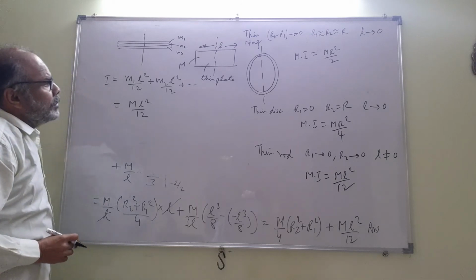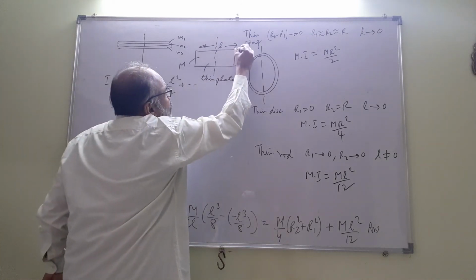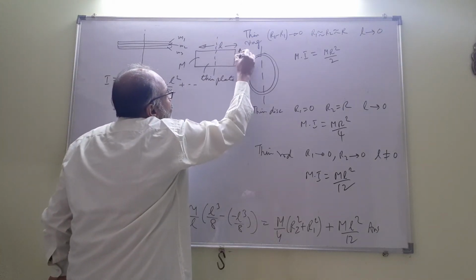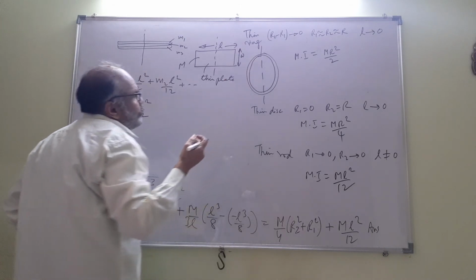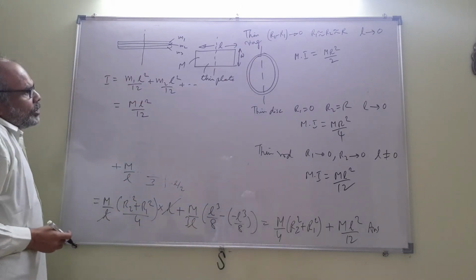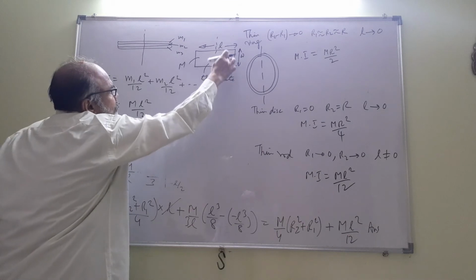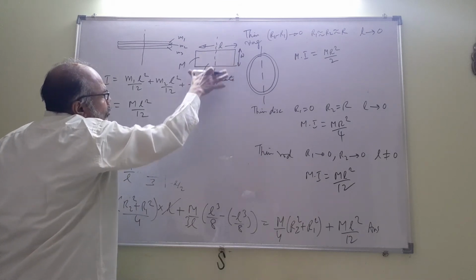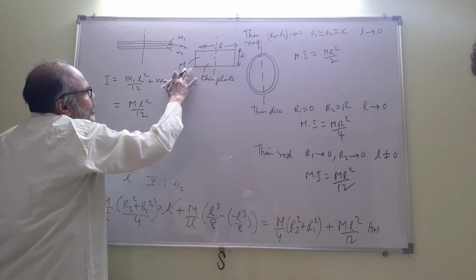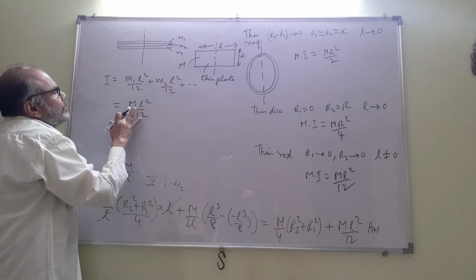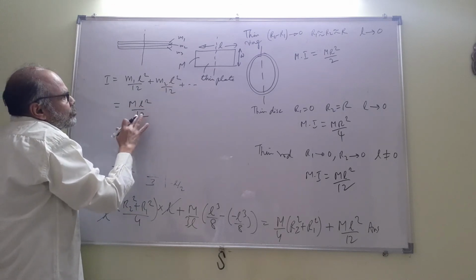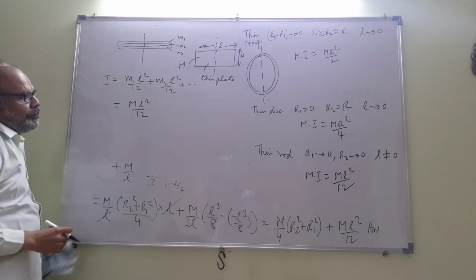The width of the plate, W or whatever you call B, will not matter. However long it may be, the mass will correspondingly increase, and the result is only mL squared by 12.